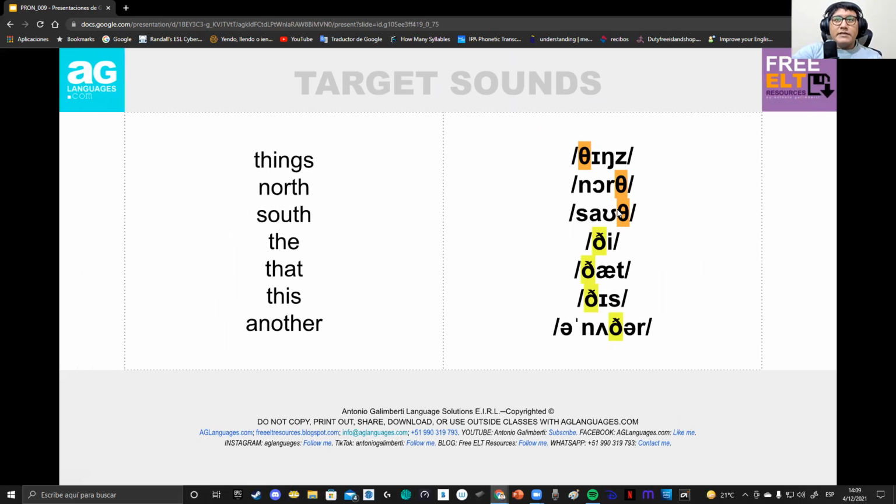And finally, we have this sound represented by theta, like things, north, south, and the one that is voiced. That's a th sound represented by this symbol here: the, that, this, another, okay? Th and th. The one with a voice is th. You can feel the vibration here.